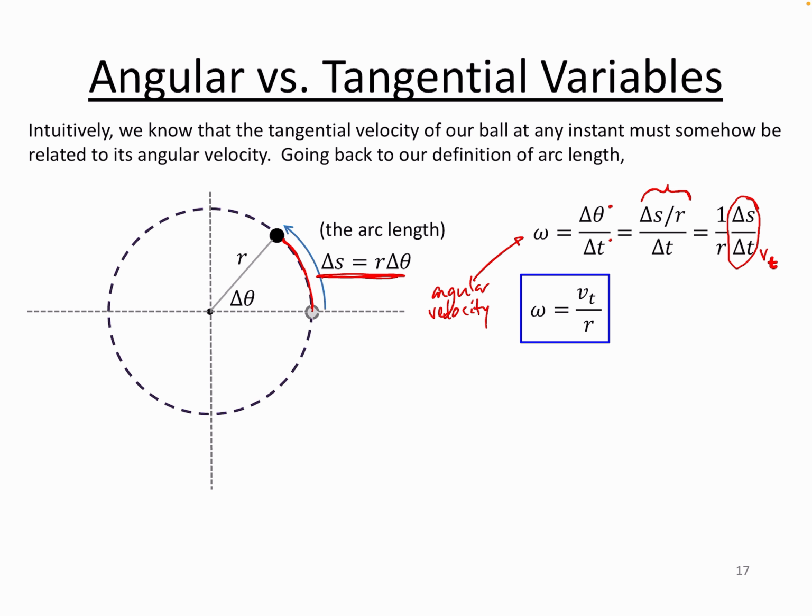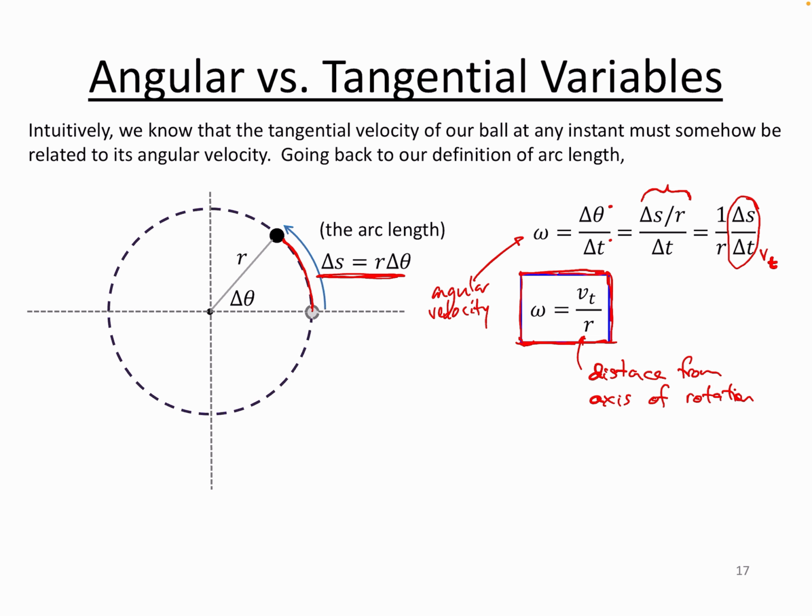And so the expression for the connection between angular velocity and tangential velocity is the following: omega equals the tangential velocity of the ball on the string divided by its distance from the axis of rotation. So that's the r, distance from the axis of rotation.